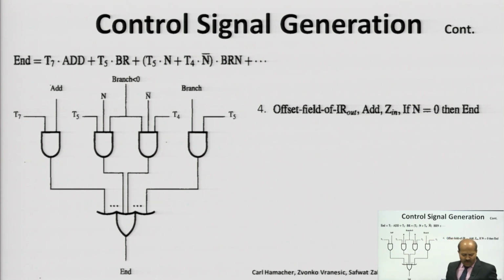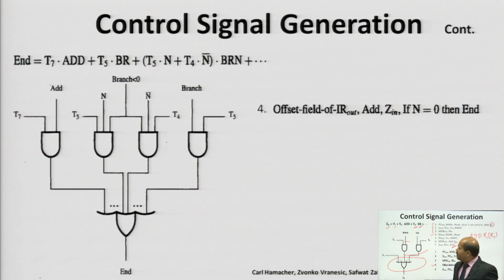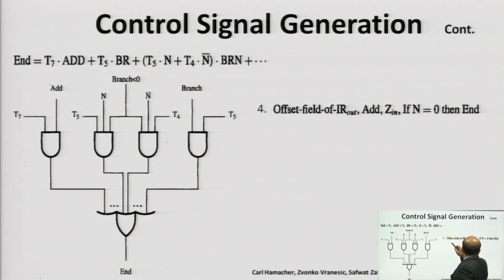Let us take one more example, the End signal. In the same way, we can see the End signal was issued in the 7th step, and in the 5th step when we are talking about unconditional branch, and when we are talking about conditional branch, it was issued in a different step. That was a conditional branch. When a particular condition is met, then only branching occurs.